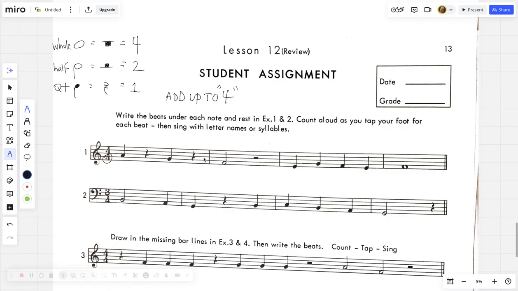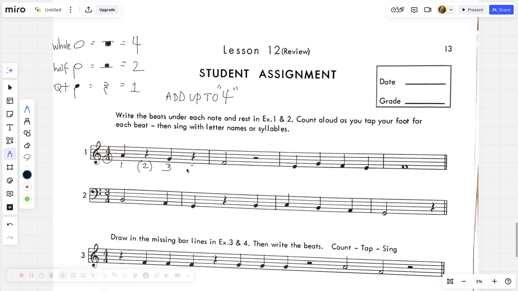So you just go through and figure out what you have. This is a quarter note. It gets 1. This is a quarter rest. It gets 1. This is a quarter note, and this is a quarter rest. So you have beat 1, beat 2, but you put parentheses around it because you're resting.